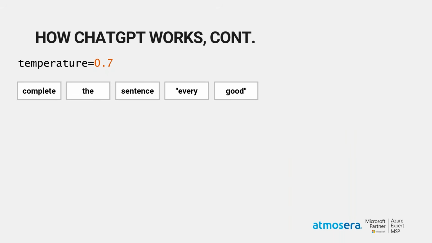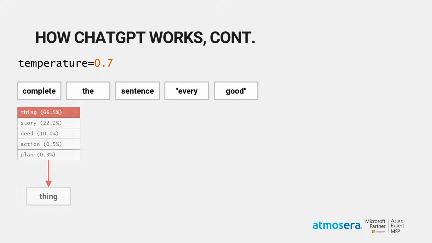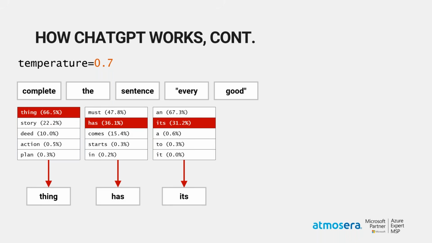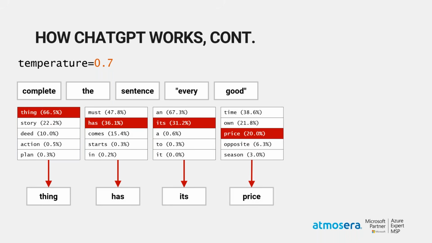But if we set temperature to something higher, and it does default to a non-zero value, by the way, then ChatGPT will occasionally and somewhat randomly pick words with lower probabilities. This is why if you give ChatGPT the same prompt 10 times, it will probably give you 10 completely different responses, because temperature defaults to a non-zero value.